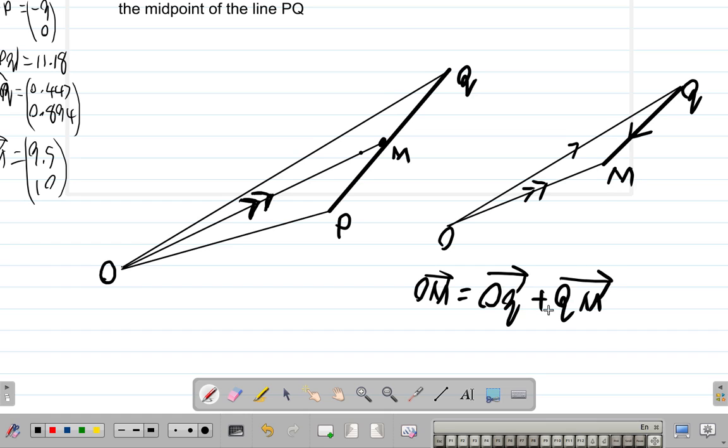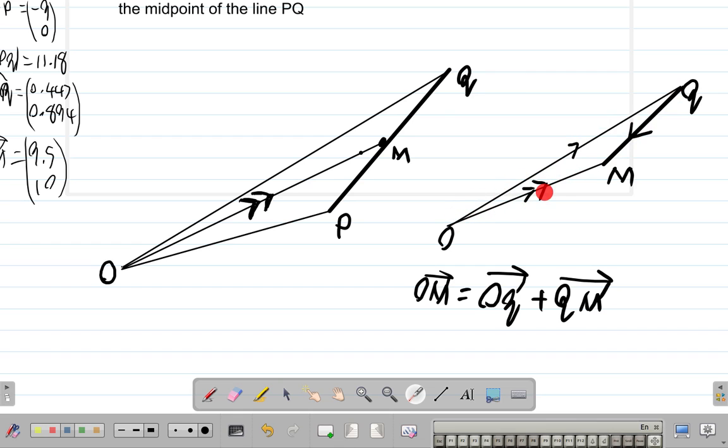Remember, as you walk around the triangle, if I follow the resultant, I should be opposed by the arrows of the other two.